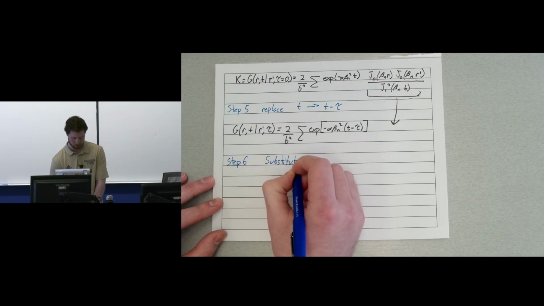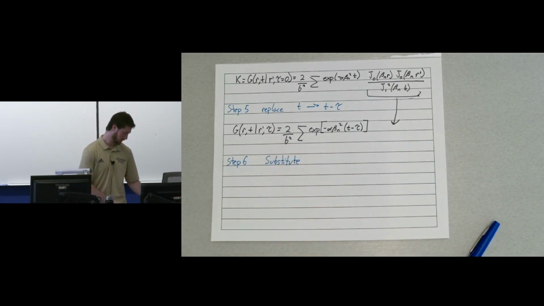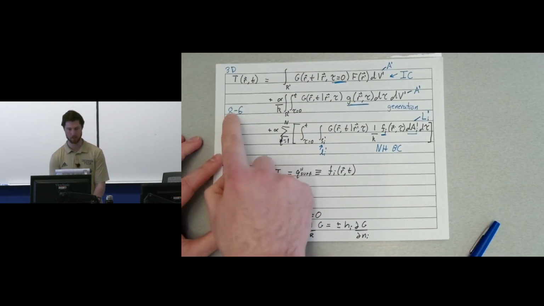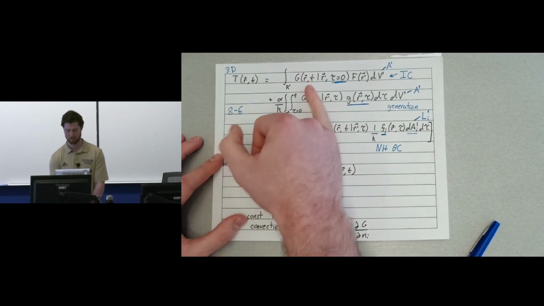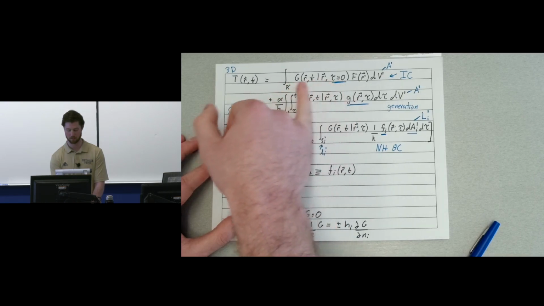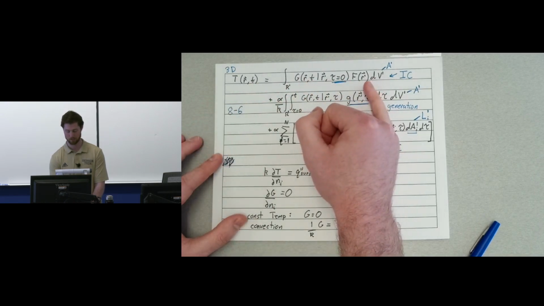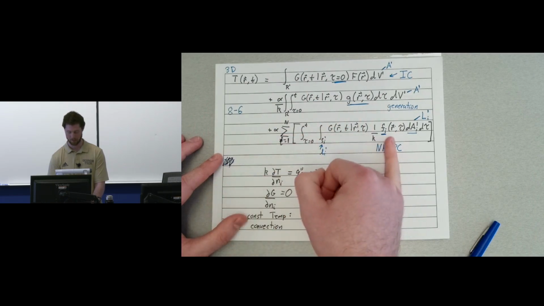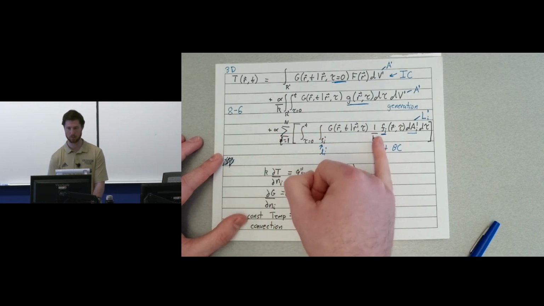We're not going to do this to save a little bit of time. I fully believe in all of your abilities to do algebra, but we'll just substitute it back into equation 8.6, right? So you can plot the Green's function at tau equals 0 right here, add our initial condition, add our generation term in this one, add our non-homogeneous boundary conditions in this third term.